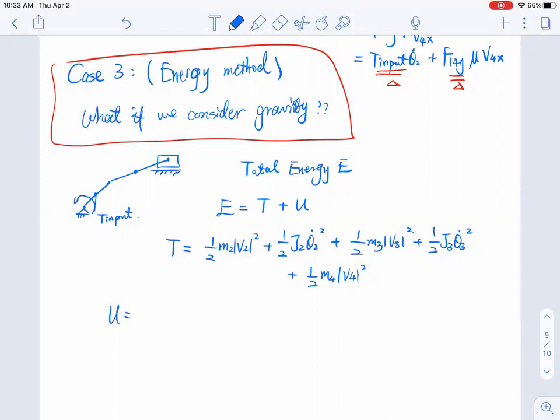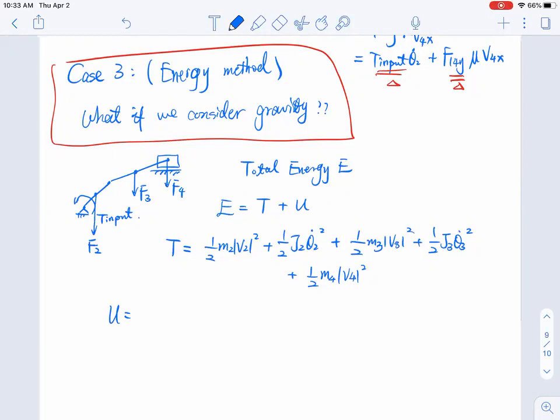We have one gravity force, let's name it F2. This is F3, and that's F4. That's the gravity force associated with each link.